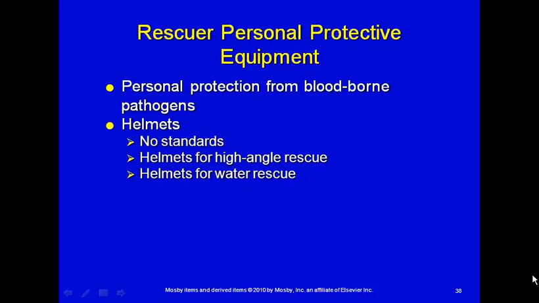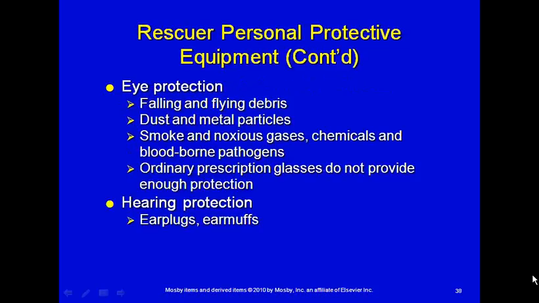Some personal protective equipment that you as a rescuer might need to be familiar with includes gloves and waterless hand cleaner. Personal protection from bloodborne pathogens is very important in rescue situations. Helmets: there are no real standards for helmets in this sort of situation, but they do make helmets designed specifically for high-angle rescue, as opposed to helmets that might be designed for water rescue.